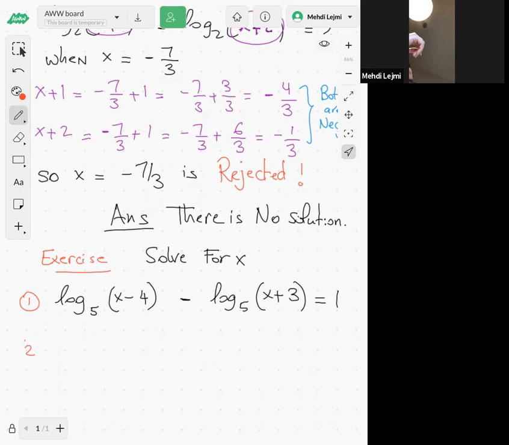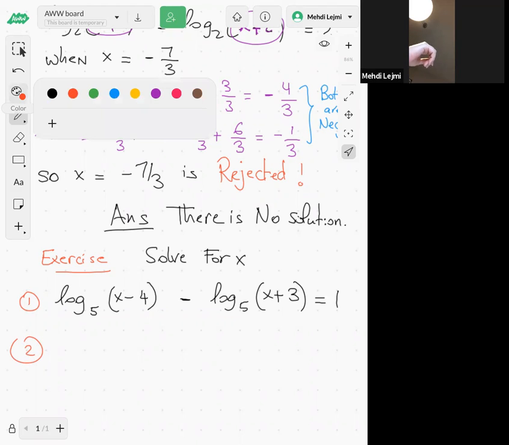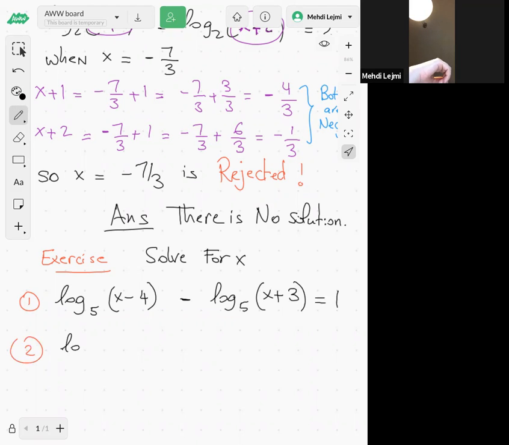Number 2: log in base 2 of x minus 1 plus log in base 2 of x plus 3 equal to 2.